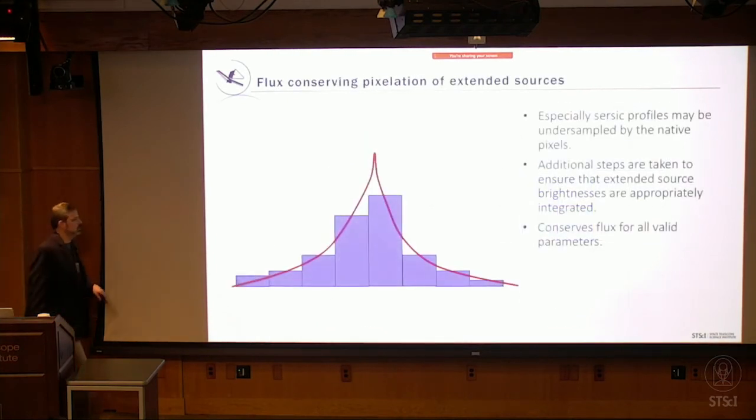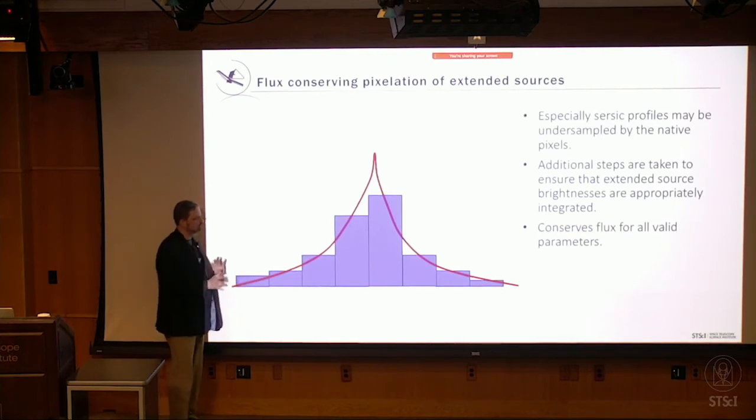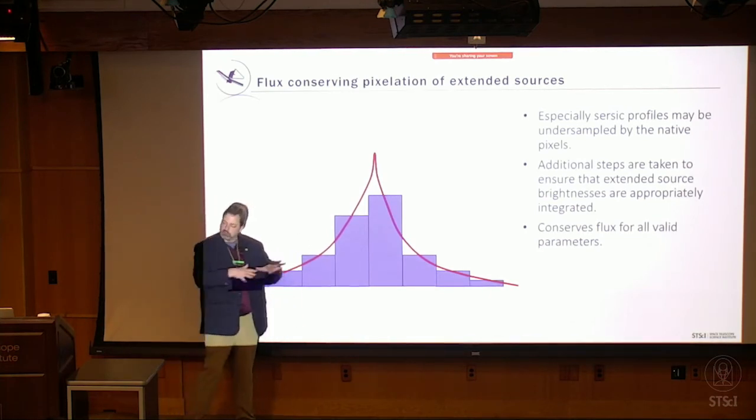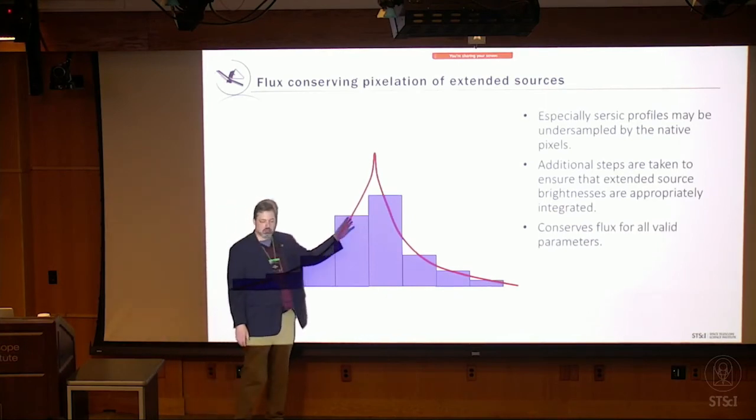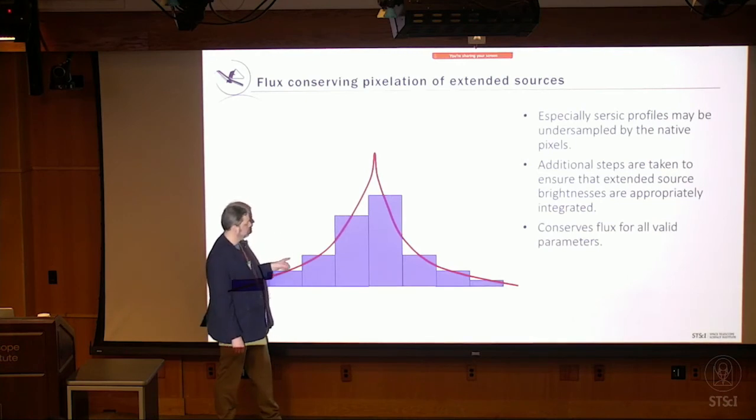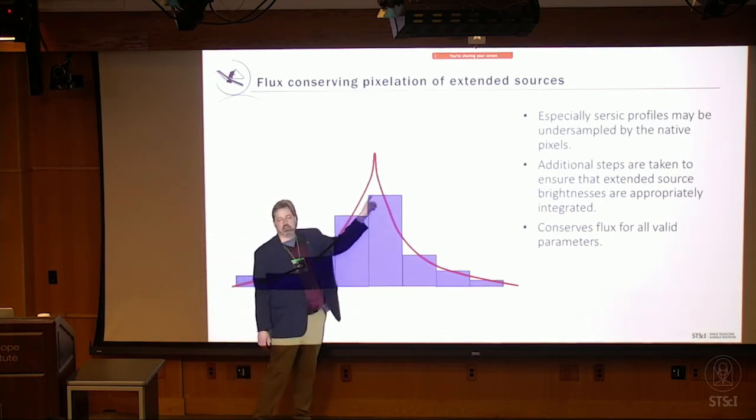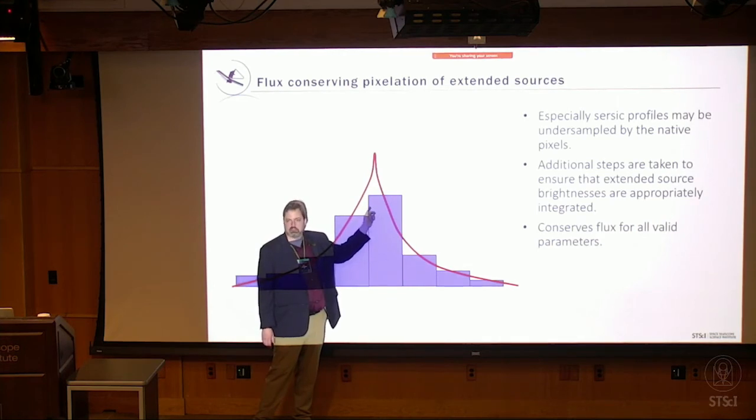Another way that it deals with sampling issues is for extended sources. This is just something I drew up here, but it's not a real profile. For galaxies, if you use a Sersic profile, you know that you can have parameters where the core of the galaxy is very small compared to the wings, and this core may be completely undersampled by the sampling of the ETC. So here we take steps to ensure that when you integrate such a curve over an ETC pixel, it is actually correctly flux conserving.